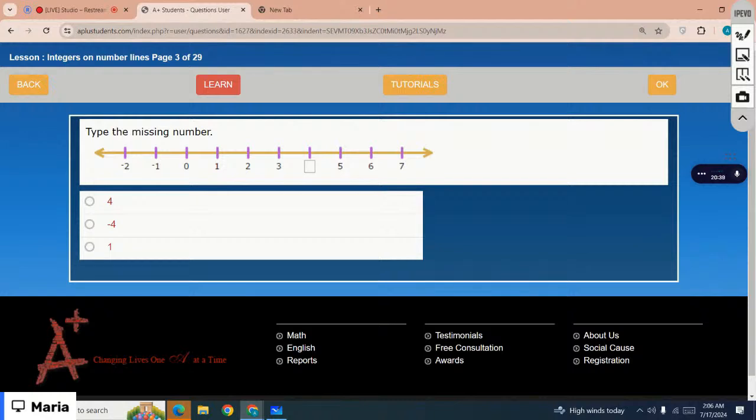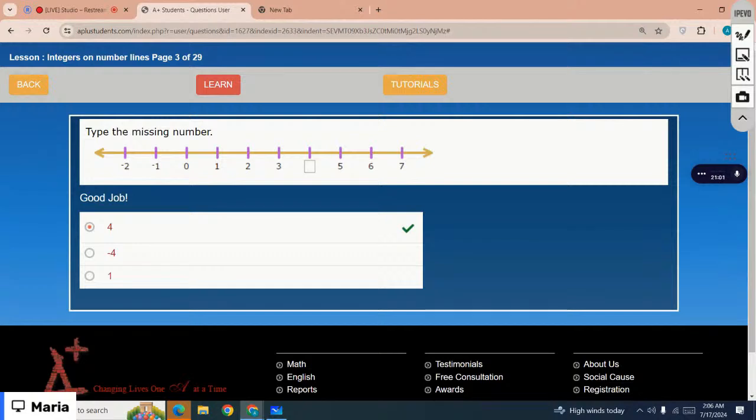Type the missing number. So which number is missing? Yes, the number is missing on the positive side. The missing number is on the right hand side of the 0, right? That means the number must be positive. So that is 4.